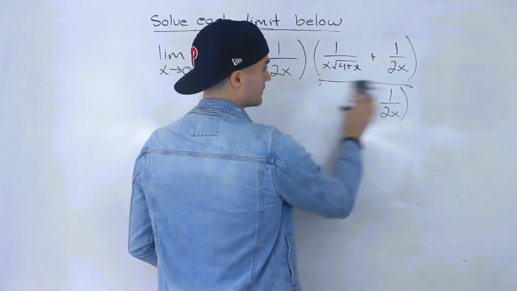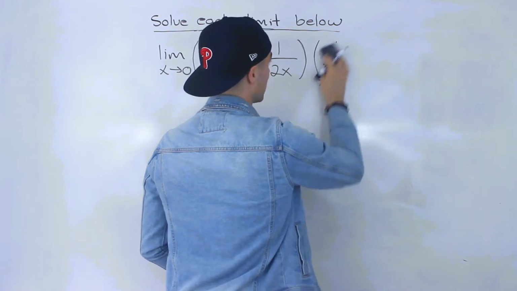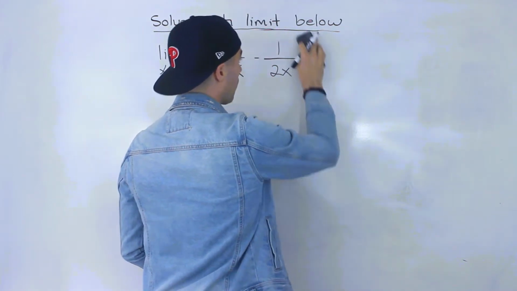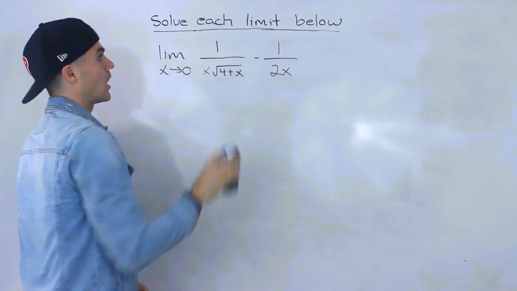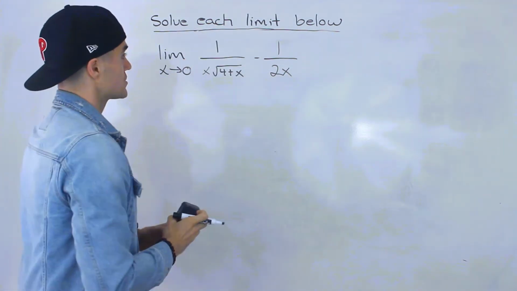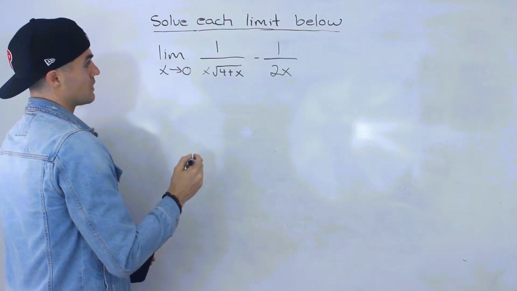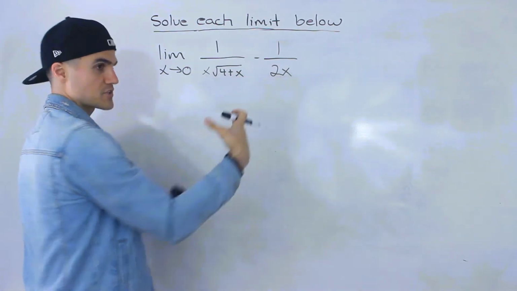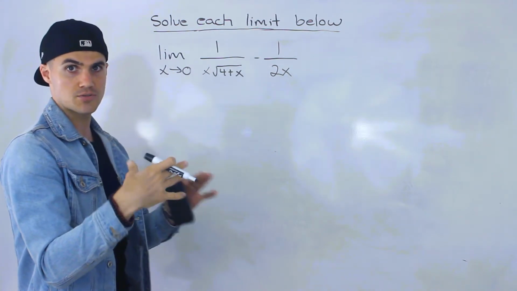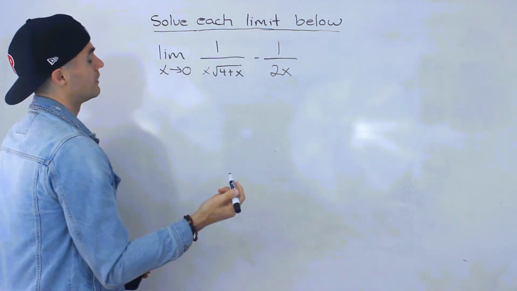I don't recommend it. What I actually recommend before doing rationalization is combining these into one fraction. So the way we can do that is, notice that we have a fraction minus a fraction. So to combine them, since we're subtracting fractions, we have to get a common denominator.